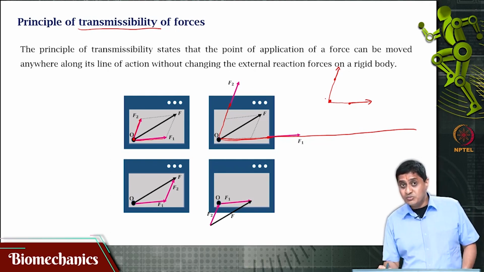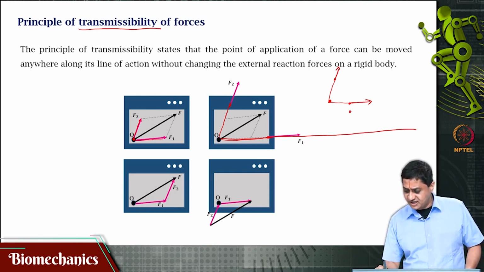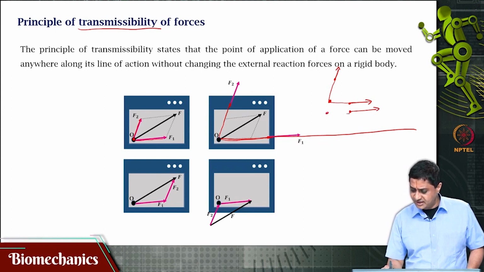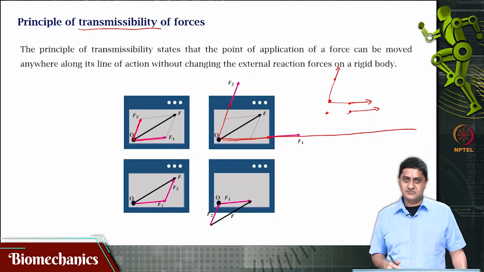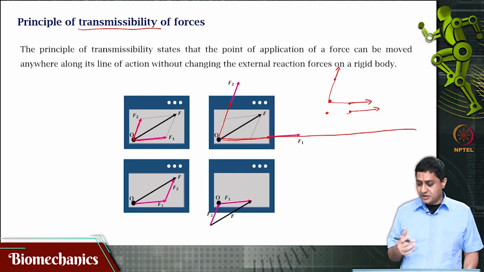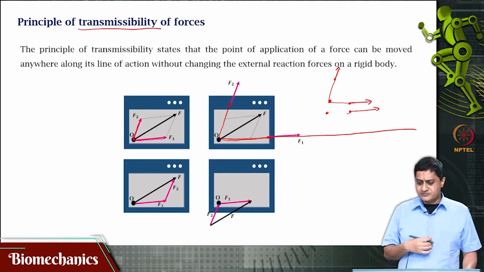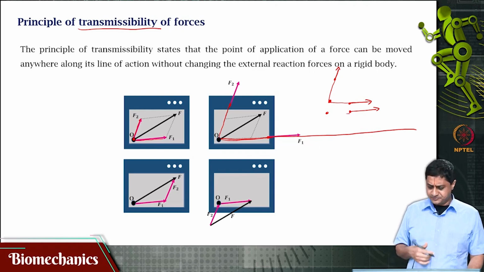So I could not only move it along the positive direction, I could also move it along the negative direction. So although the force is starting here and acting in this direction, I could essentially pull this force and make it act from this point. That wouldn't change the analysis. Right. So this is a very convenient principle that is used in the analysis of forces quite frequently.